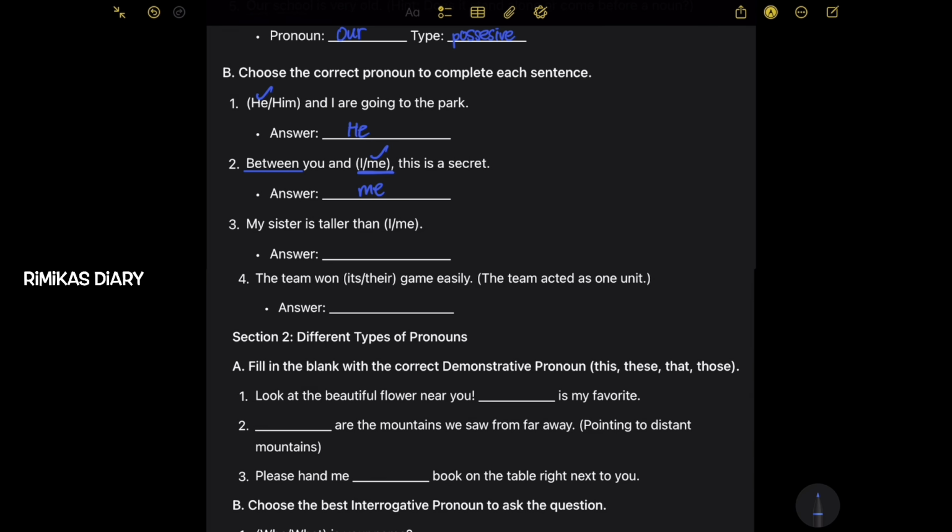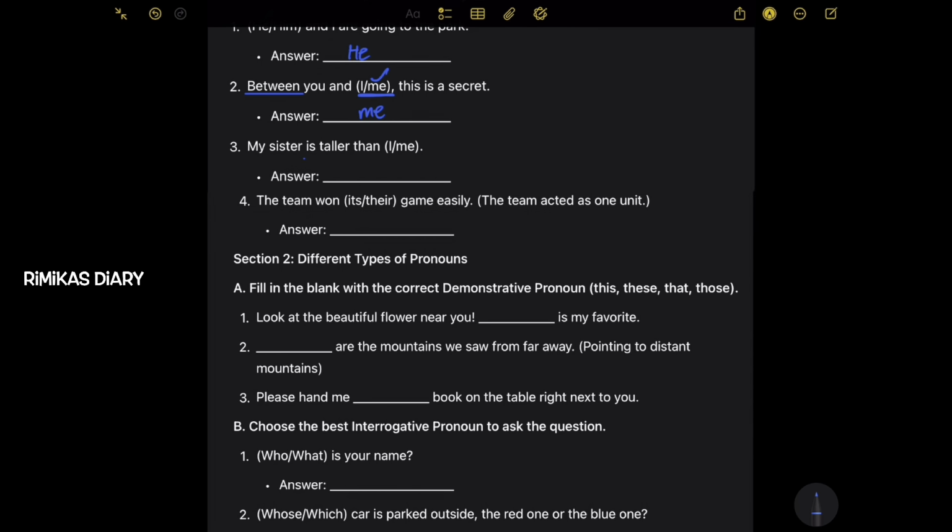So that's why I picked me. Next, my sister is taller than I or me. You should pick I. The team won its or their game easily. The team acted as one unit. So we had to write its.